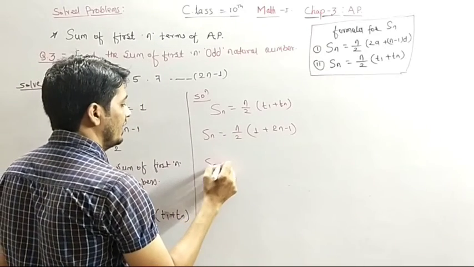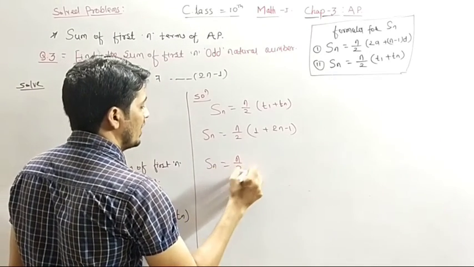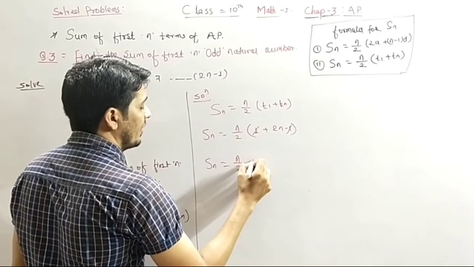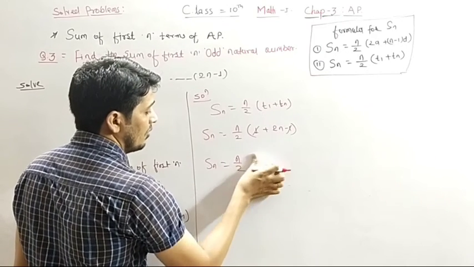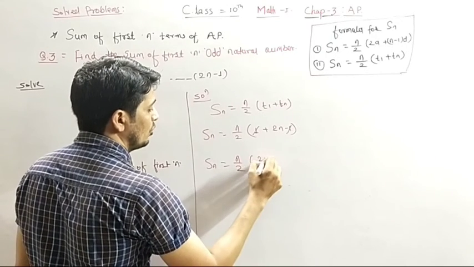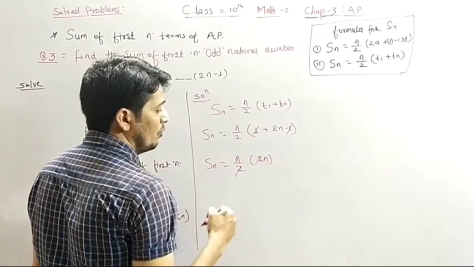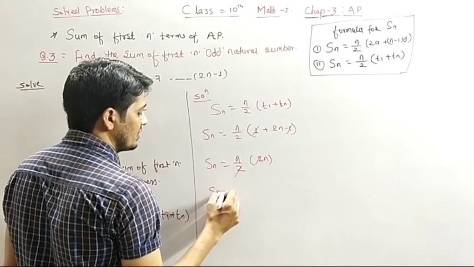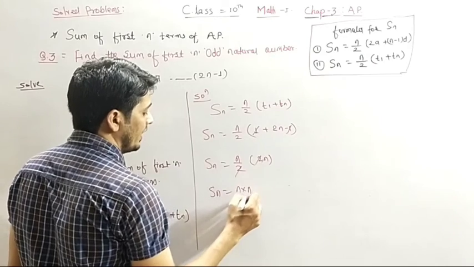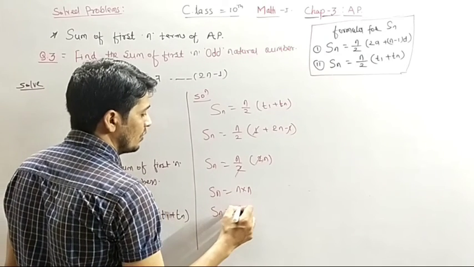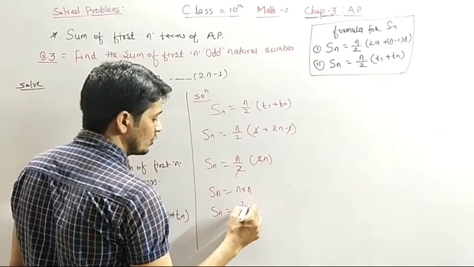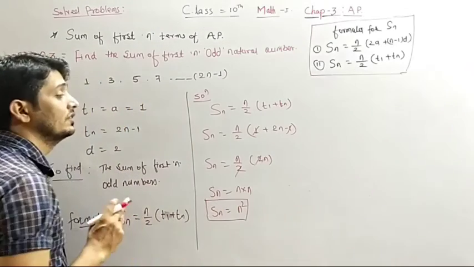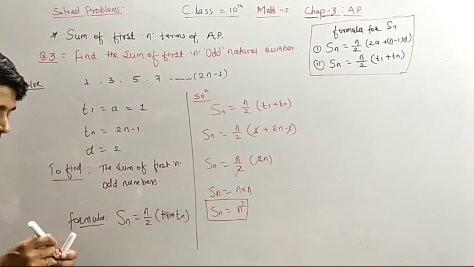So Sn equals n divided by 2 into 2n. See, positive 1 and negative 1 will get cancelled. So we have n by 2 into 2n. So 2 and 2 will get cancelled. So we have n into n. So Sn equals n into n, or Sn equals n square. So this is the formula for the sum of first n odd natural numbers.